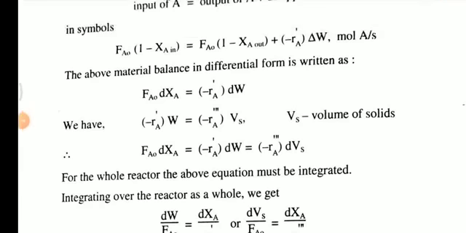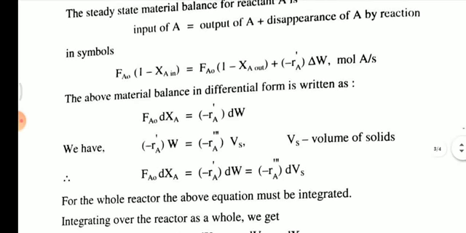Multiply Fa0 in the bracket, so the remaining term is Fa0 into dXa. Similarly on the right hand side, Fa0 is already cancelled from both sides. So the remaining term is dXa equal to minus R dash into dW.